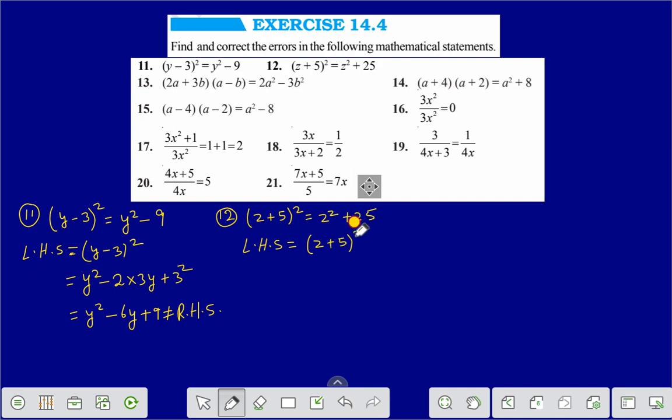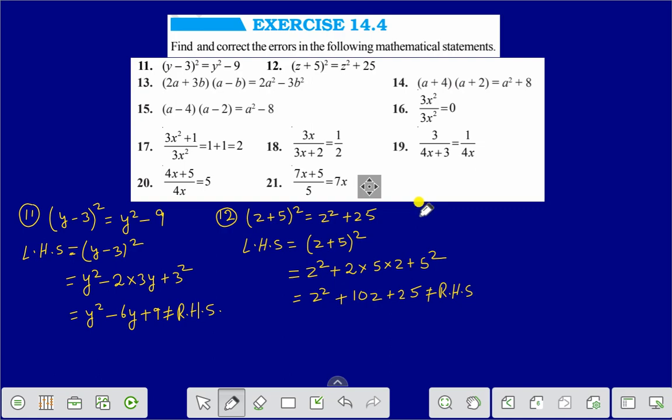If you use the identity (a plus b) whole square, then we are getting a square plus 2ab plus b square, that is z square plus 2 into 5 into z plus 5 square. We are getting z square plus 10z plus 25, which is not equal to the right hand side, because in the right hand side it is given as z square plus 25, which is not correct.